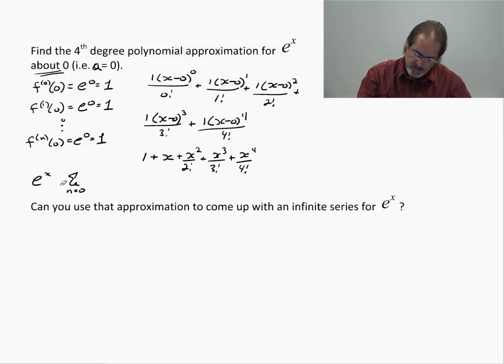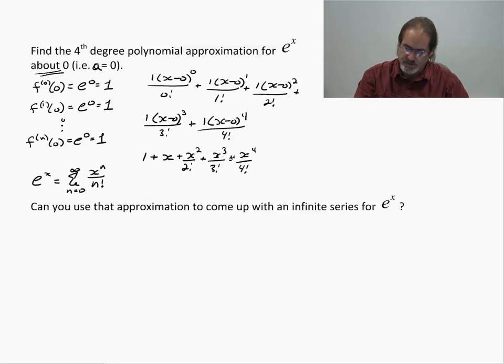Well, let's go ahead and change this real quickly. I'm going to make a jump on you here. I'm going to say that it actually equals the sum from n equals 0 to infinity of x to the n over n factorial.